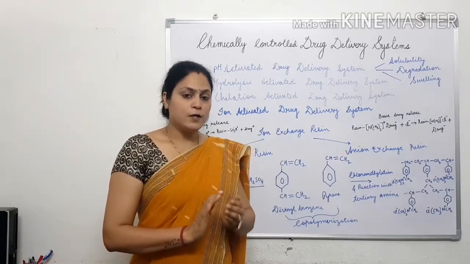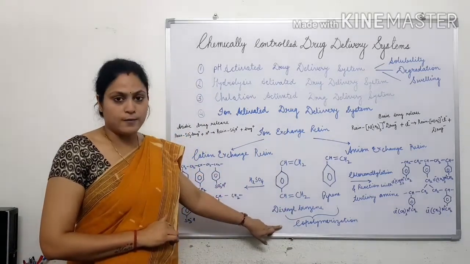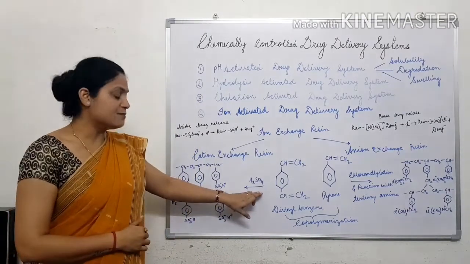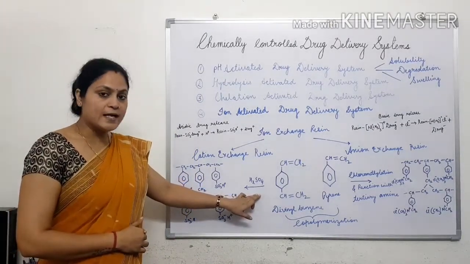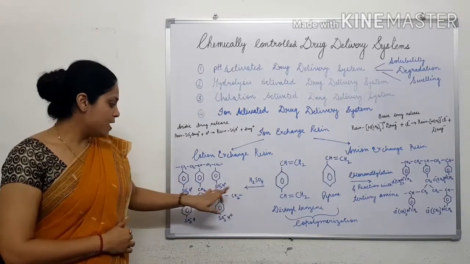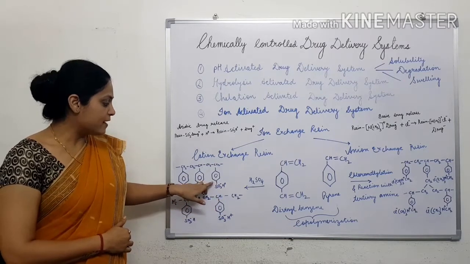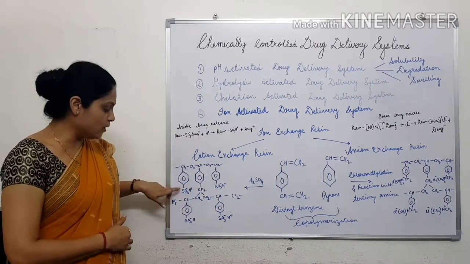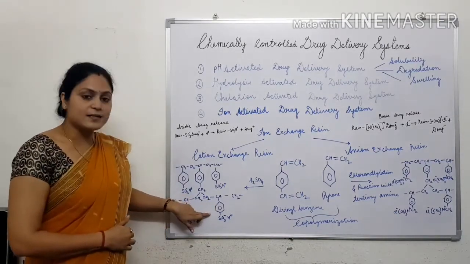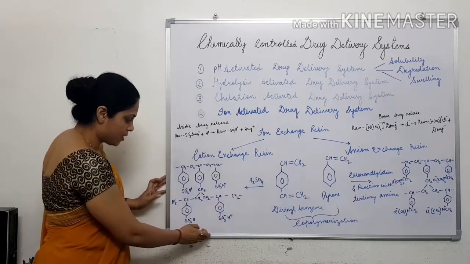Now, if this copolymer is made to react with sulfuric acid, it results in the introduction of sulfonyl groups at the various benzene molecules in the three-dimensional network. This results in the formation of a cation exchange resin.